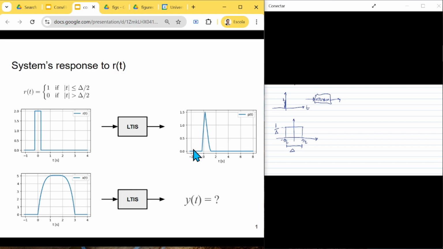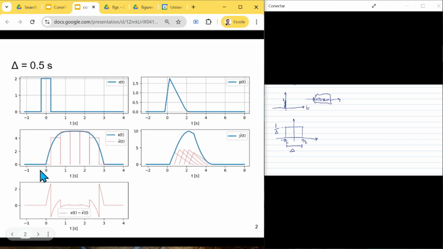The question now is, what is the output that I get when I put an arbitrary signal at the input? Well, our best guess is to decompose this guy as a sum of r of t. It's an approximation, right? This is the actual x of t.